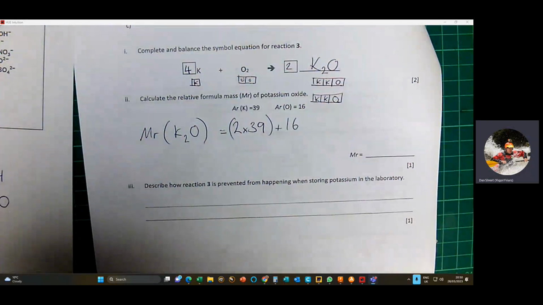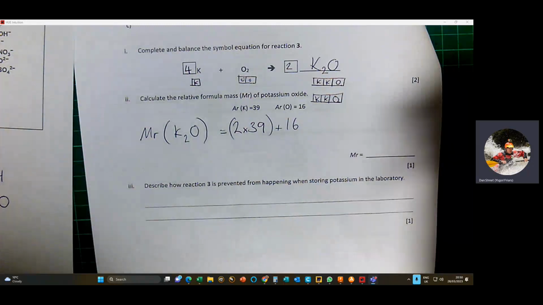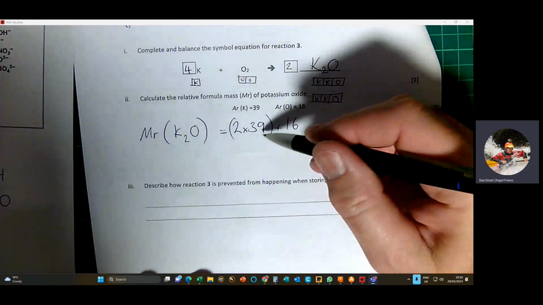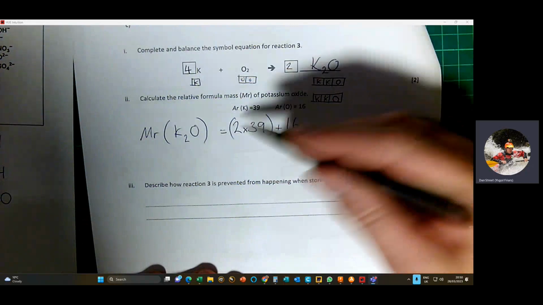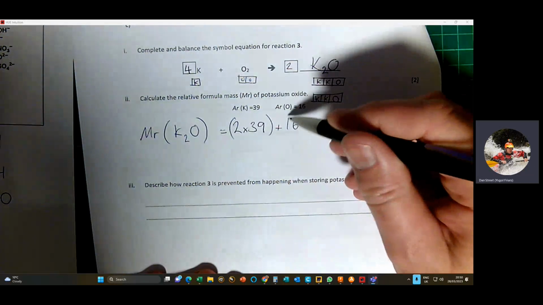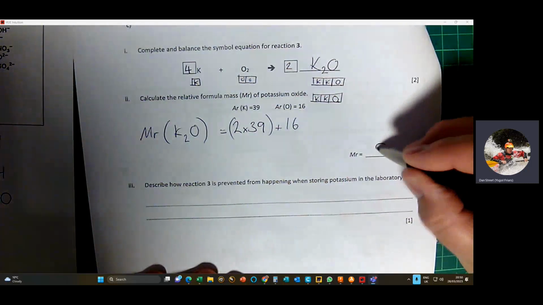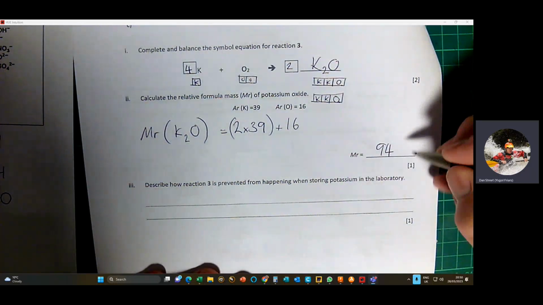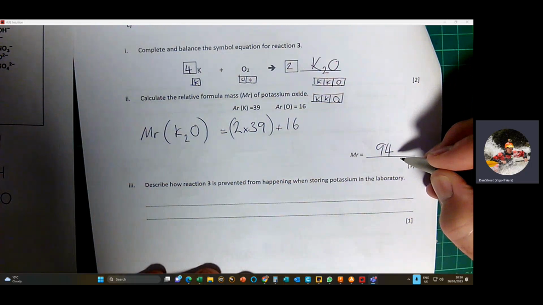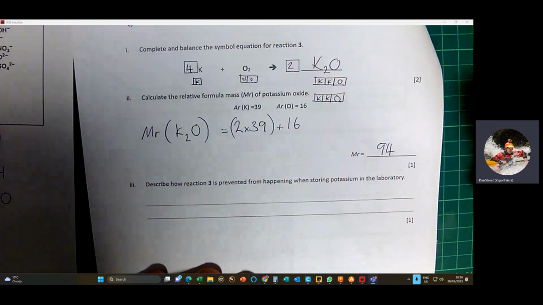There's only 1 oxygen. Okay, so 2 times 39 is 78, plus the 16 is 94. Okay, so 94, and as it's a formula mass, not a molar mass, we don't need the units.